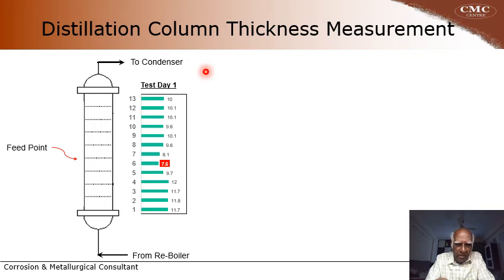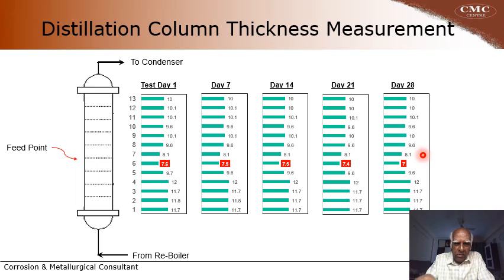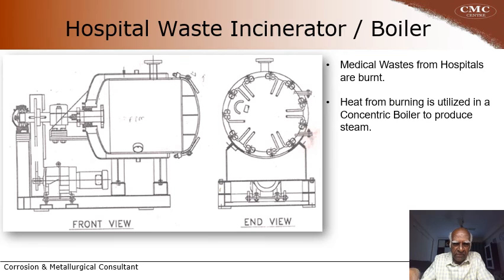You can see as compared to 10 and 11 mm, the middle point shows only about 7.7 or 8 mm thickness. And this goes on reducing all the way to 7 mm, while all others are not at all affected. So this means the feed point is very corrosive. This is the information we get from conducting ultrasonic thickness measurements.